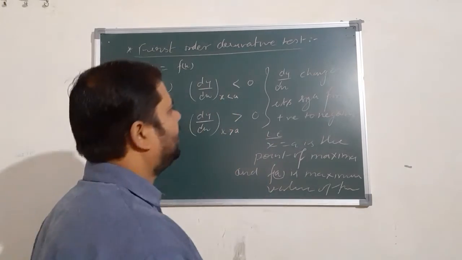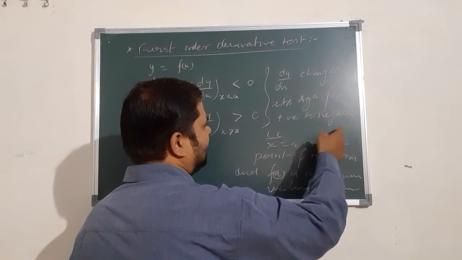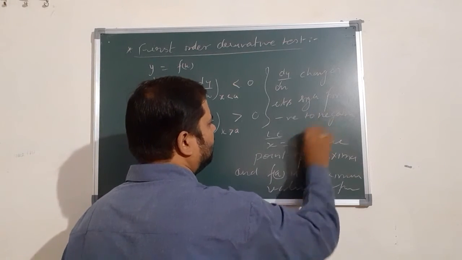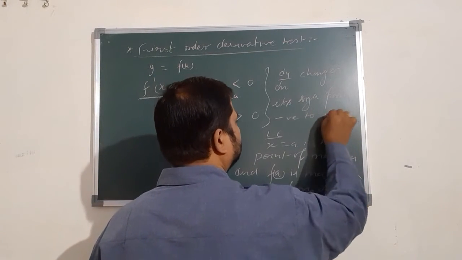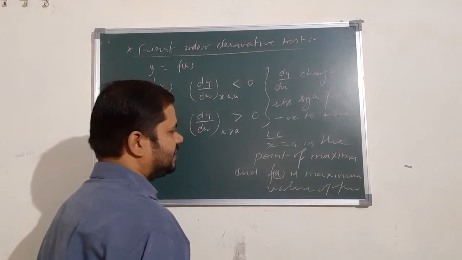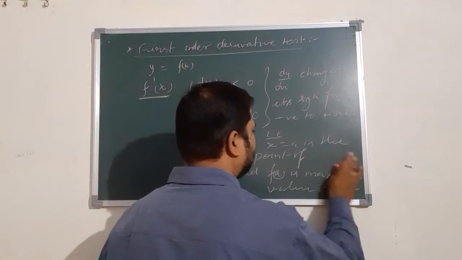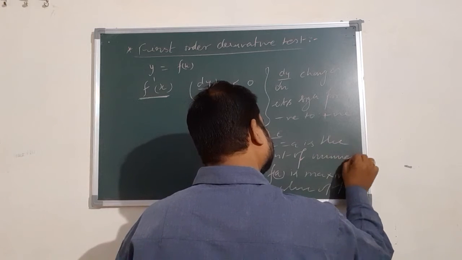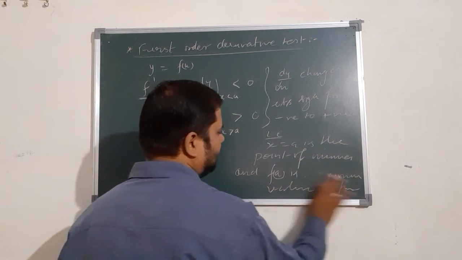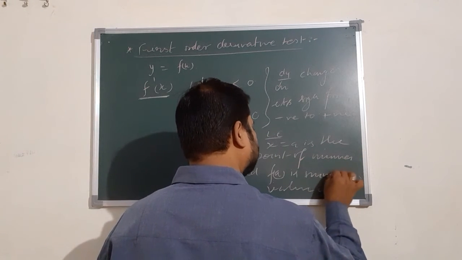That means the function dy by dx changes its sign from negative to positive, and in this case x is at the point of minima, and f(a) is the minimum value of the function.